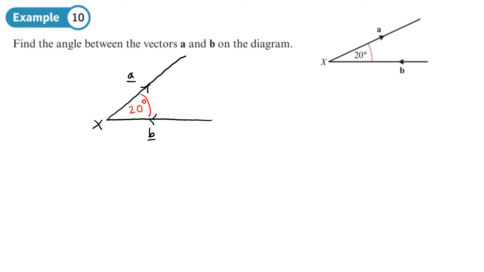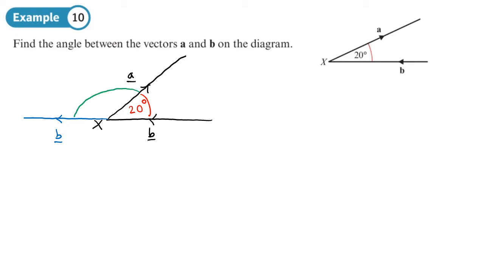If I want to find the angle between A and B, it's not actually 20 degrees. I need to draw the 2 vectors pointing away from the vertex X. So B needs to be extended, and the angle between A and B is actually going to be this angle here.